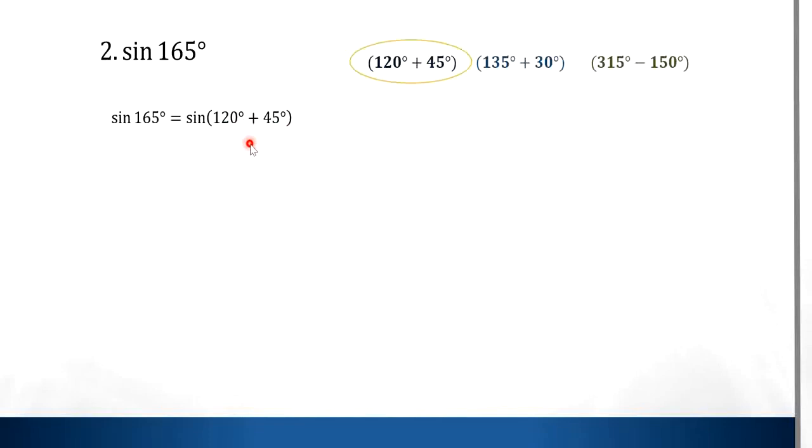So, we have now the sum identity for sine to find the exact value of sine 165 degrees. We'll let alpha be equal to 120 degrees while beta is equal to 45 degrees. And the formula for the sum identity for sine is equal to the product of sine alpha and cosine beta plus the product of cosine alpha and sine beta.